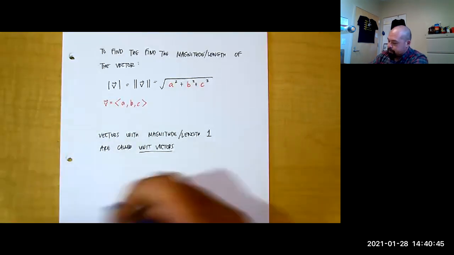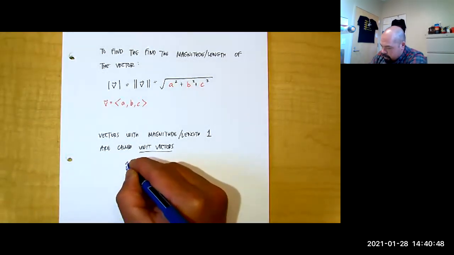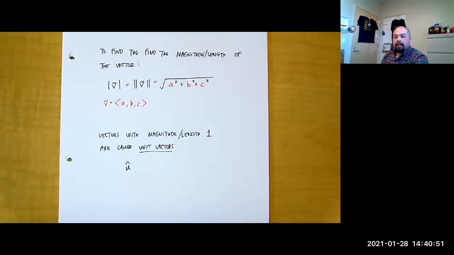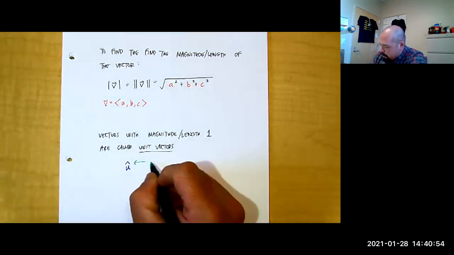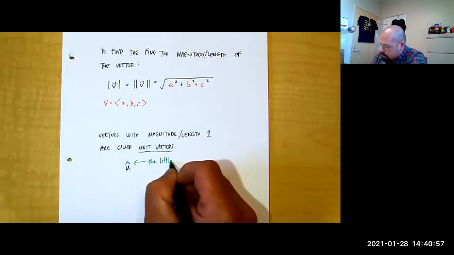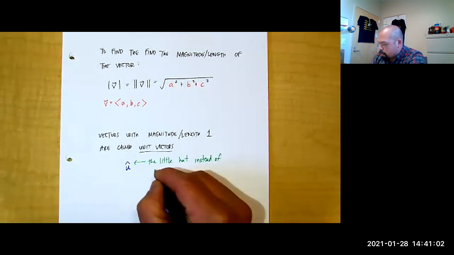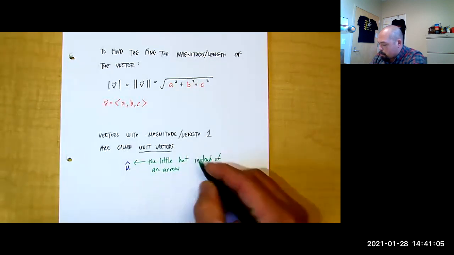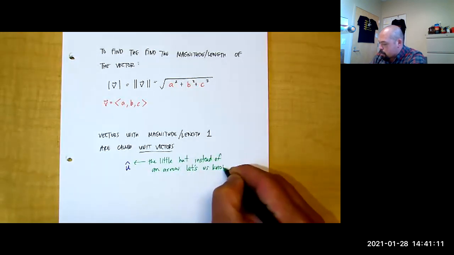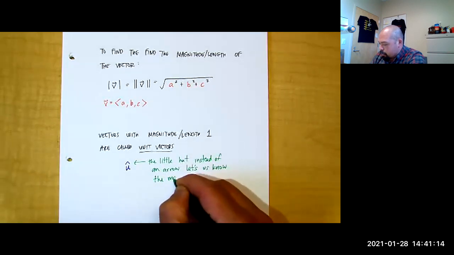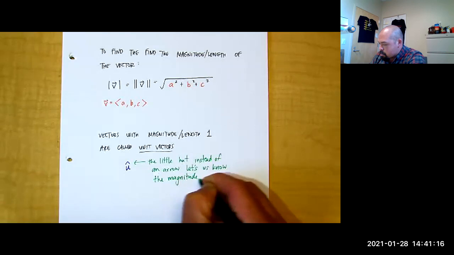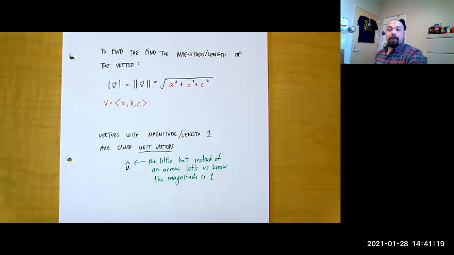And those are typically written with a little hat instead of the vector line, the little hat instead of the arrow, lets us know the magnitude is 1. We can always compute, but there's just a little notation. And we'll see some use of those unit vectors as we go along as well.